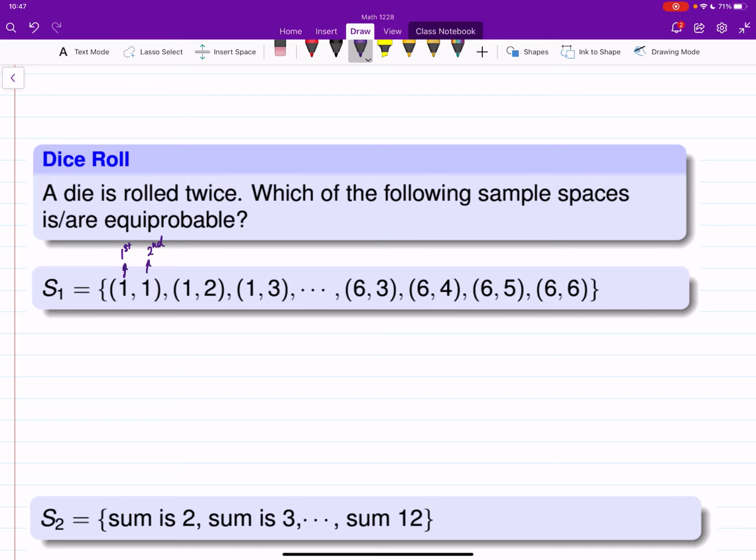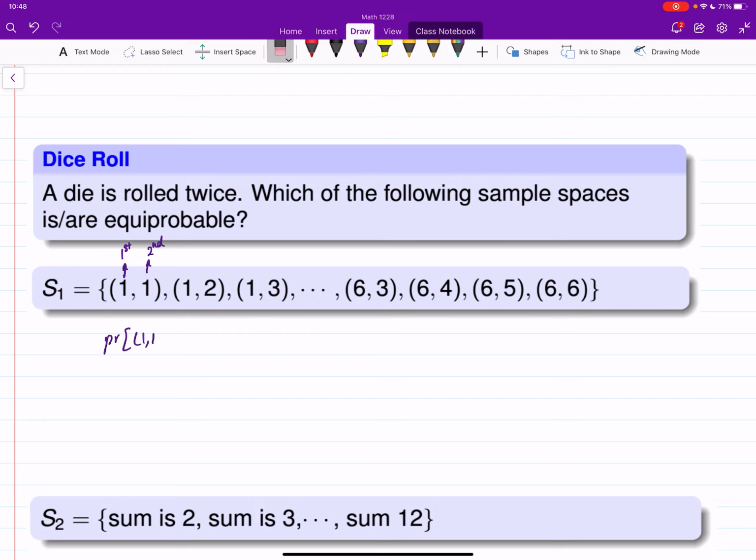There are 36 possibilities, and we have listed all of them. With again a little bit of intuitive thinking, the probability of getting any two different numbers or equal numbers, all the possibilities are going to be the same.